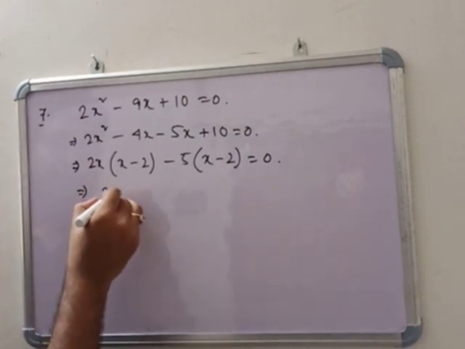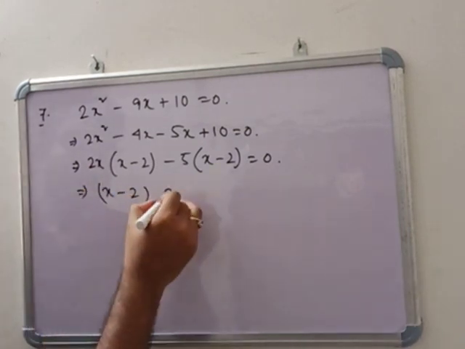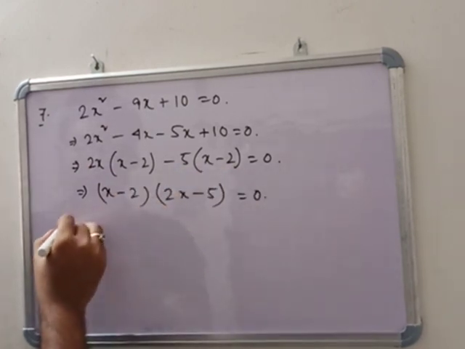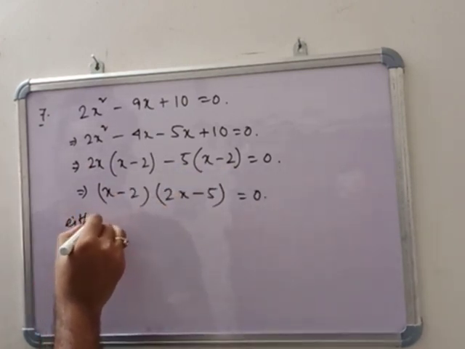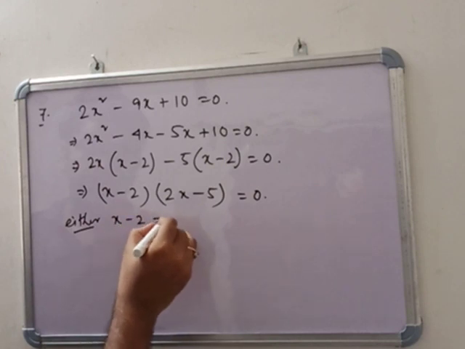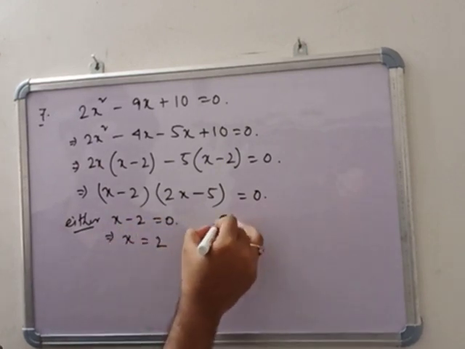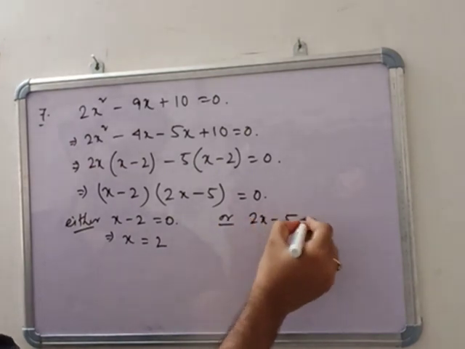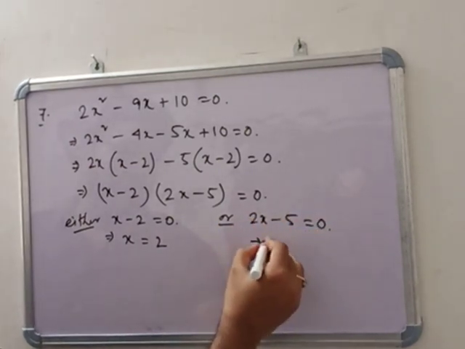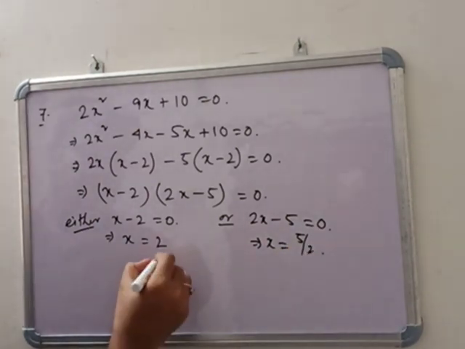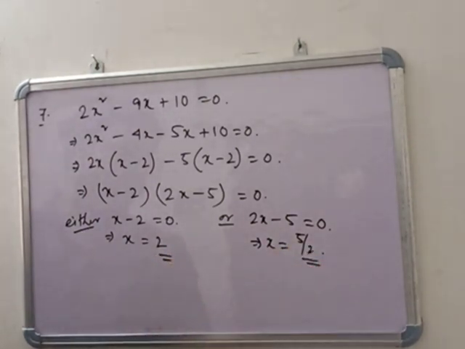So that means x minus 2, 2x minus 5 equals 0. So either x minus 2 equals 0 gives x equals 2, or 2x minus 5 equals 0 gives x equals 5 by 2. So here the value of x is 2 and 5 by 2.